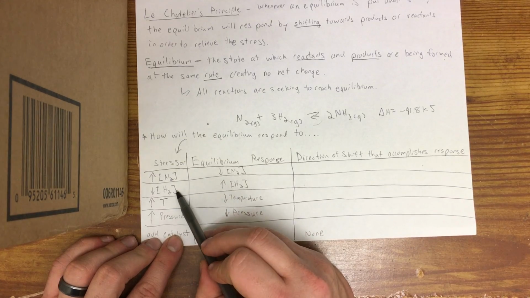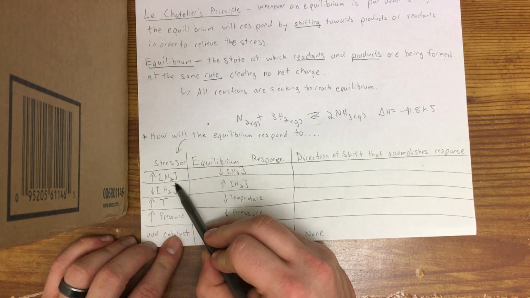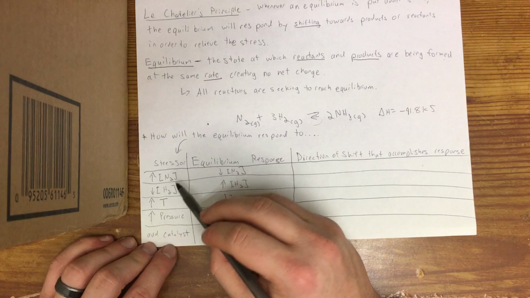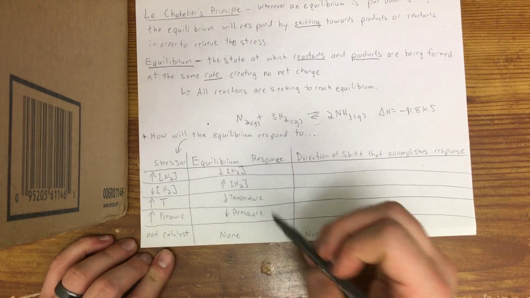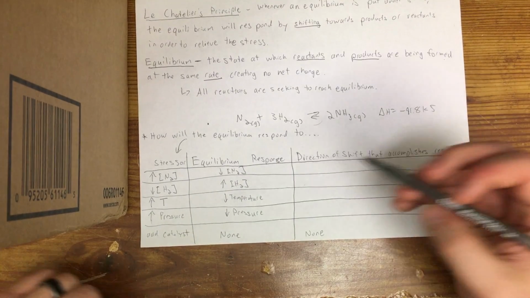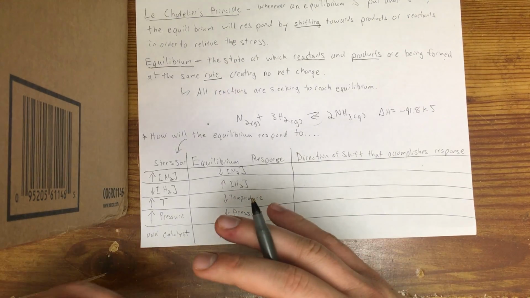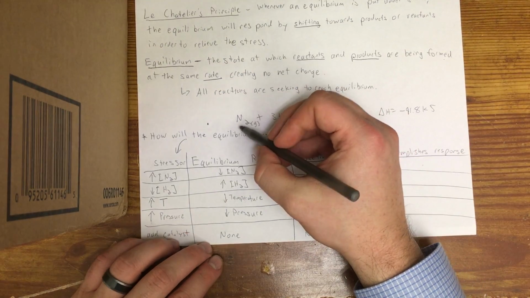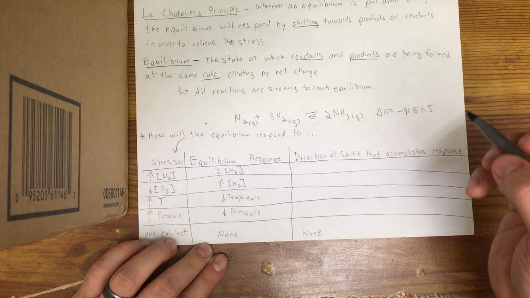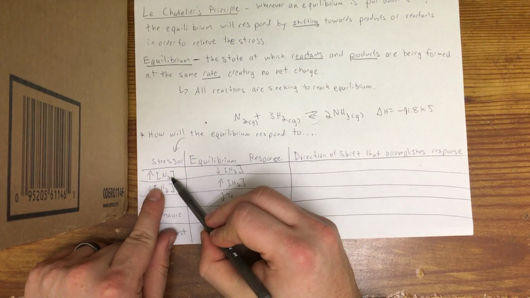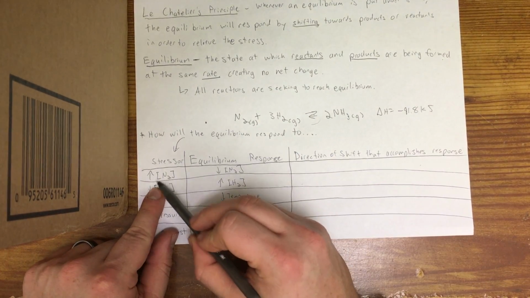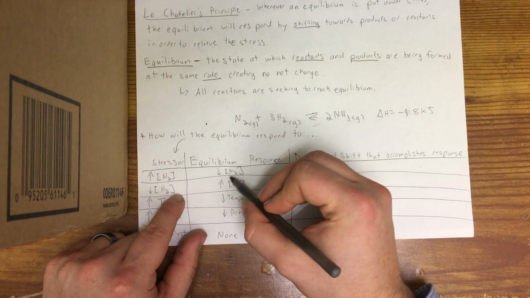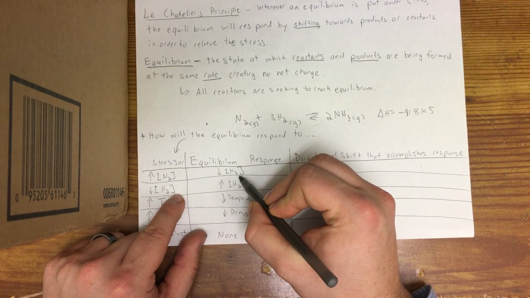So the first stress we're going to do is increase the concentration of nitrogen. If we increase the concentration of nitrogen, the equilibrium is now disturbed. It was at equilibrium, and now we've increased the concentration of nitrogen. The equilibrium wants to respond to our stress by doing the exact opposite. If we increase the nitrogen, the equilibrium wants to bring the nitrogen concentration back down.